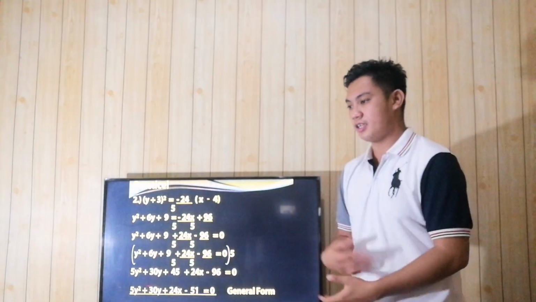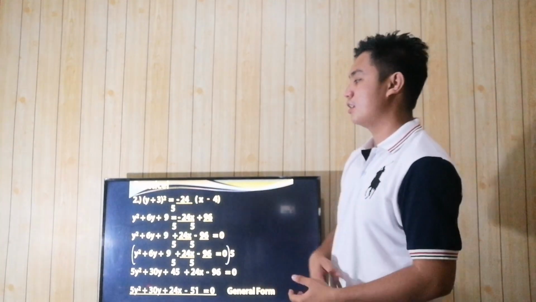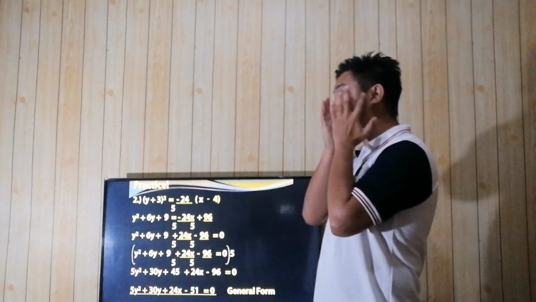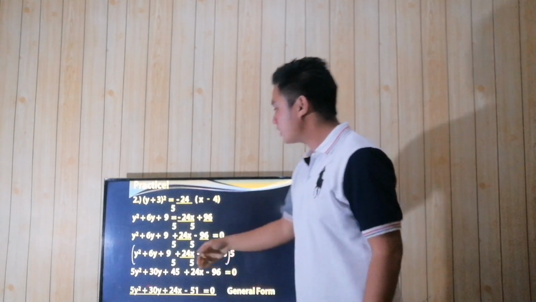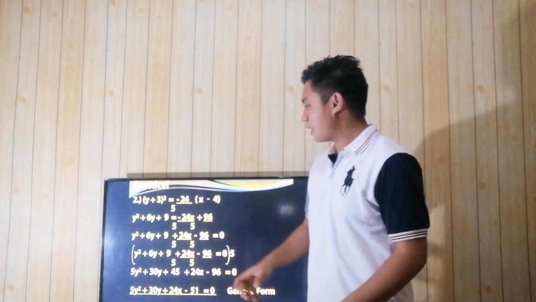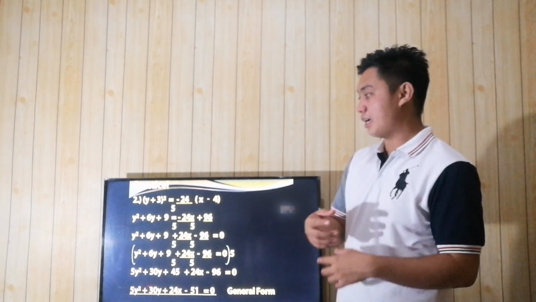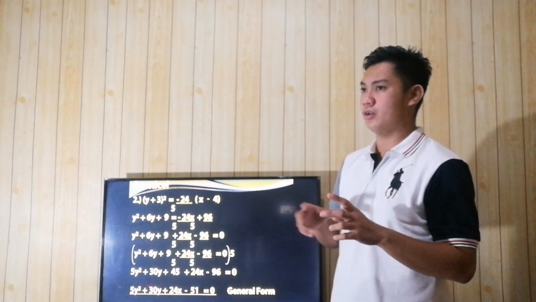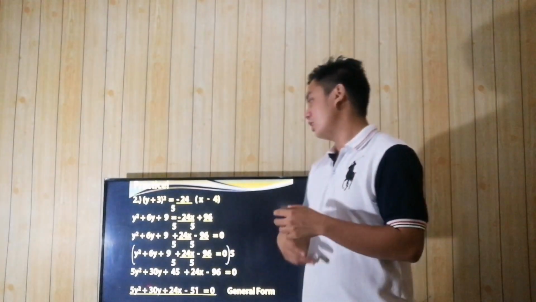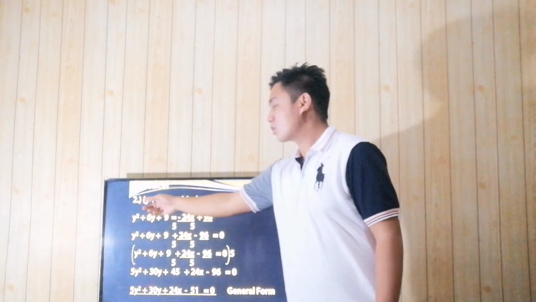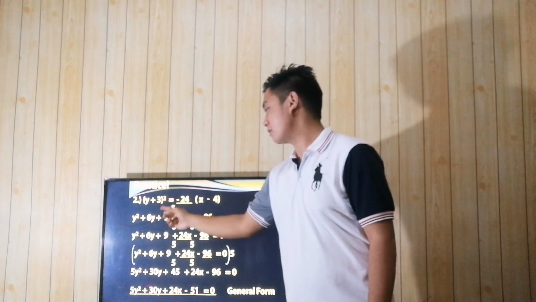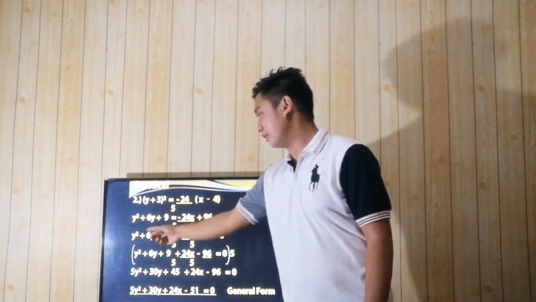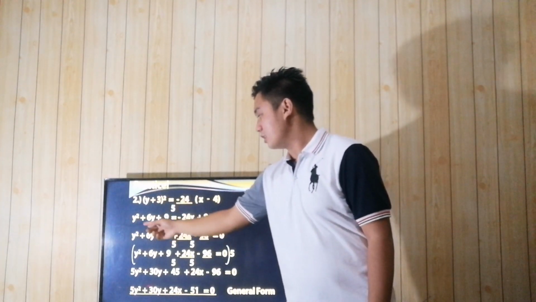So this is the steps to answer this equation, to transform standard to a general form. So the first step is expand the equation. So paano expand? Y squared is y squared. Y times 3, 3y times 2, positive 6y. 3 squared is 9.